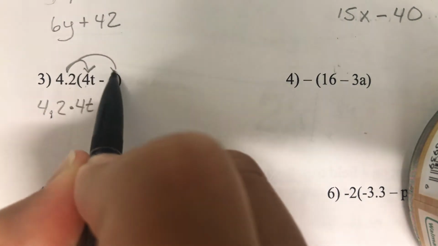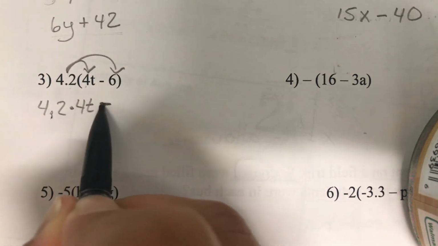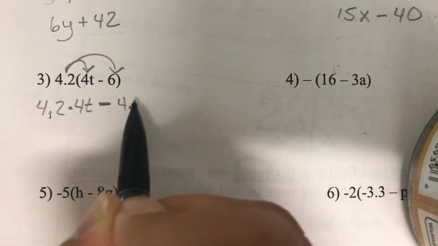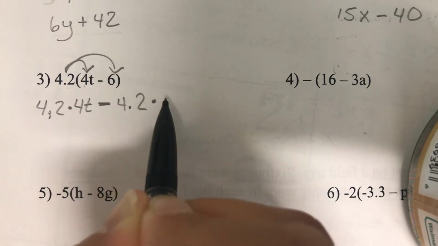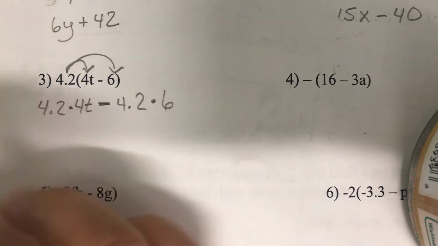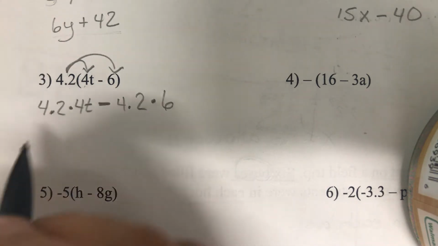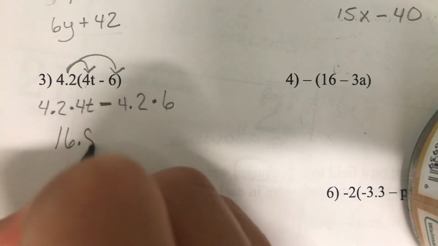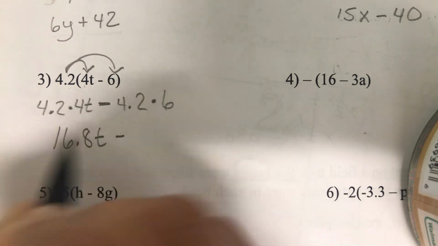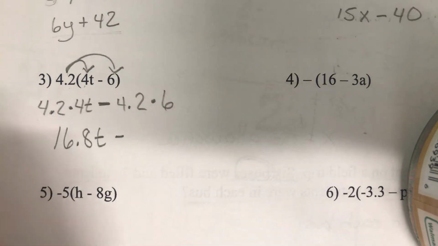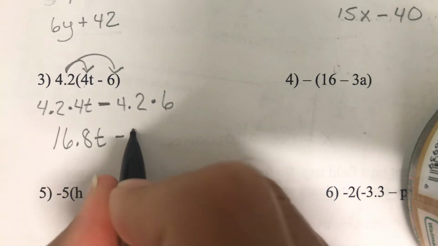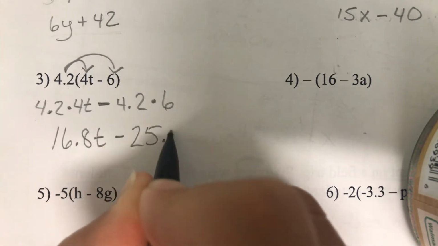And 4.2 times 6, I keep the sign in there. I don't want to make any mistakes, so I'm going to do 4.2 times 4 in my calculator. 16.8t minus 4.2 times 6, 25.2.